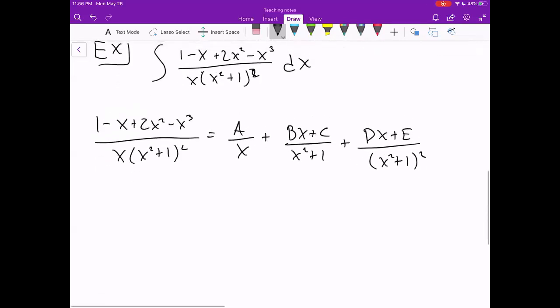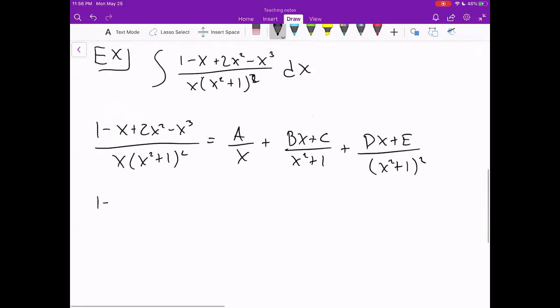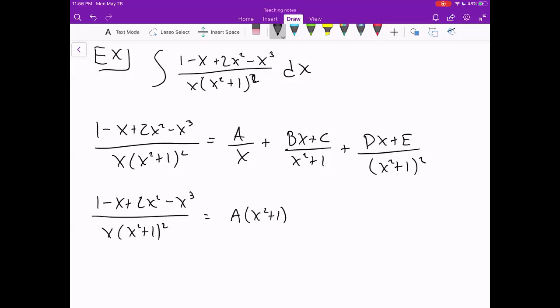Put everything over a common denominator. So we have 1 minus x plus 2x squared minus x cubed divided by x times x squared plus 1 squared, equal to the common denominator version. A gets an x squared plus 1 squared.